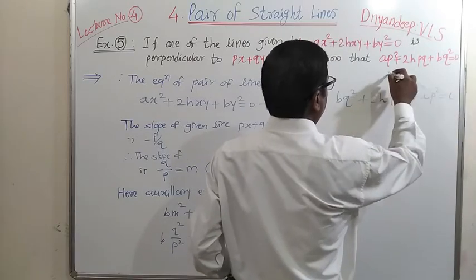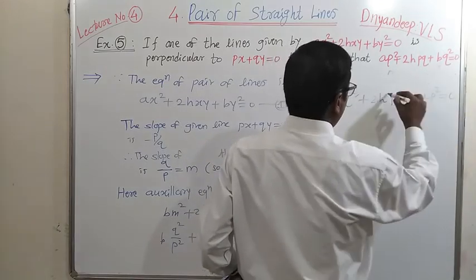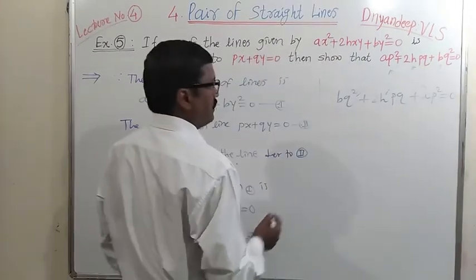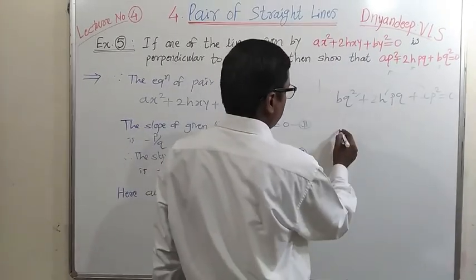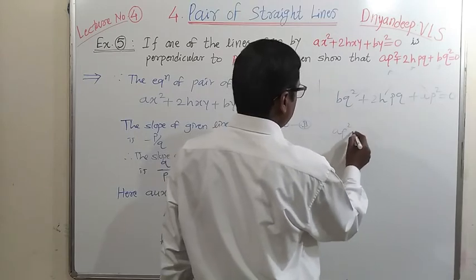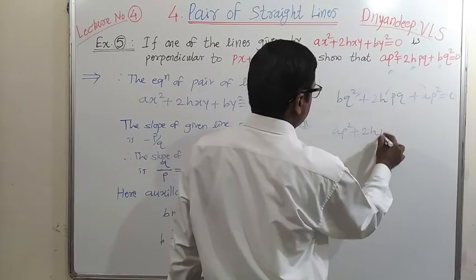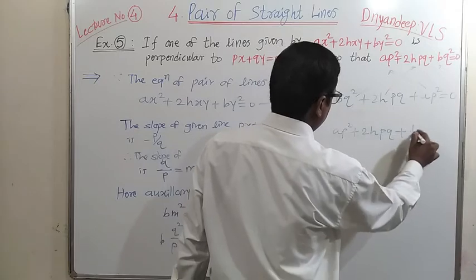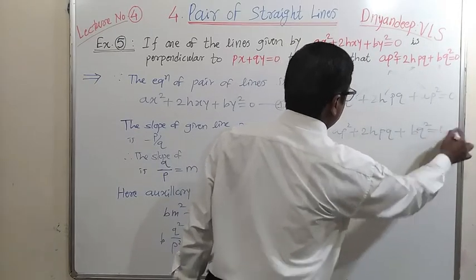So we get the result ap² + 2hpq + bq² = 0.